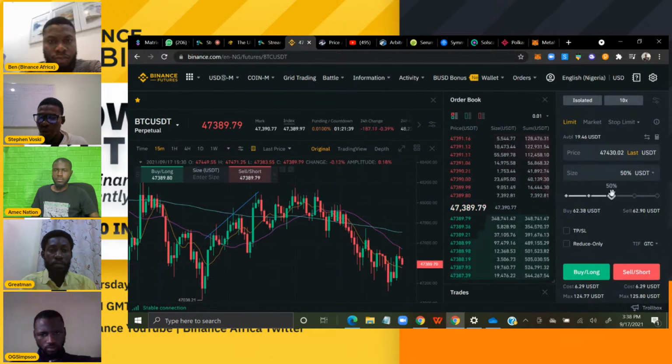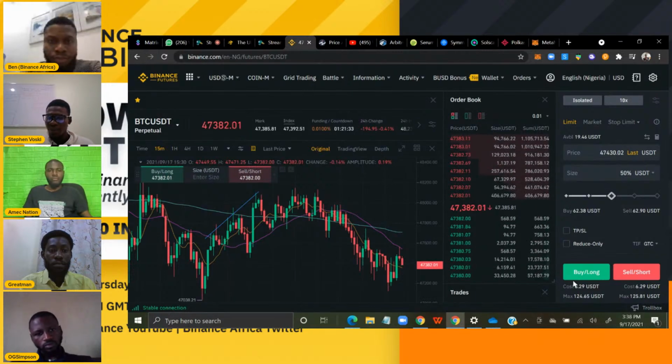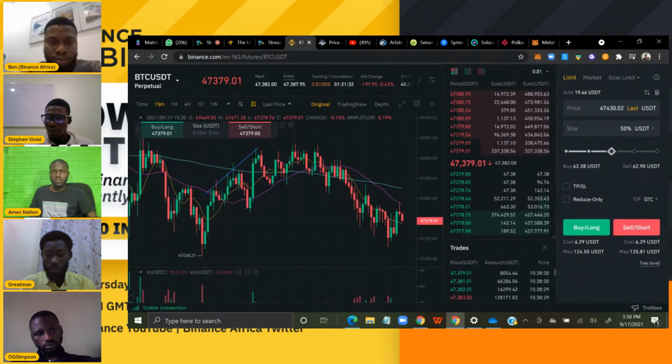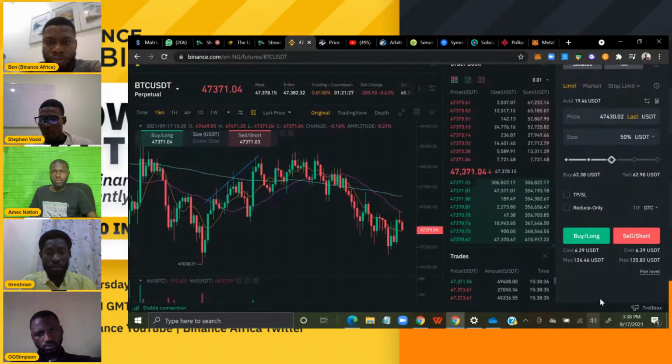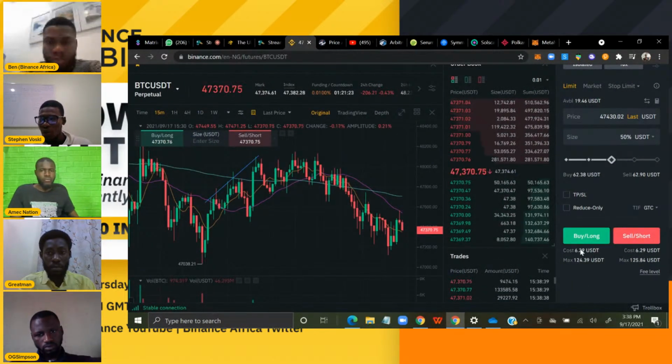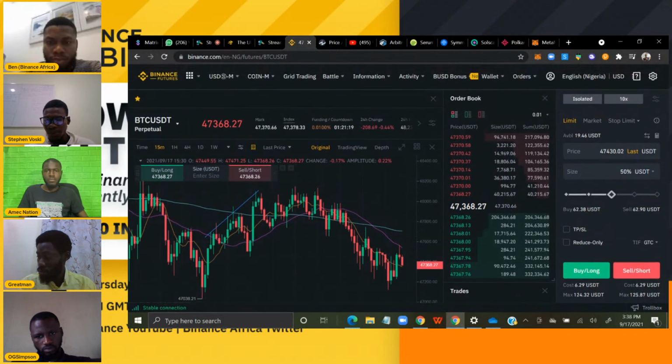So let's say I want to use half of it, and it's going to show me the total cost here. The total cost with half of my balance will be 6.29, and then I'll place this trade.